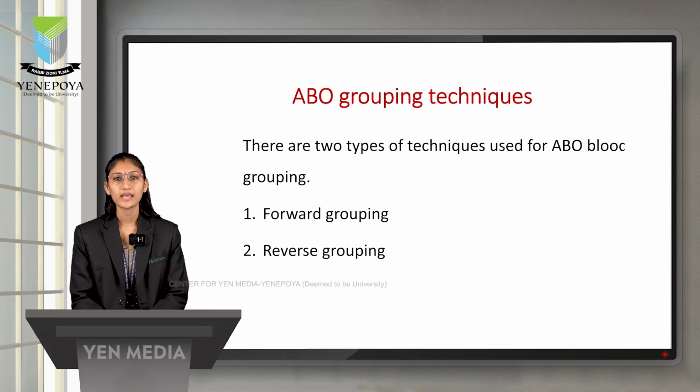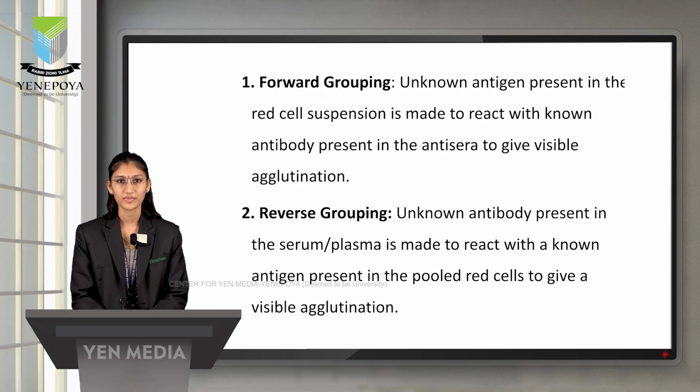So we will see what the ABO blood grouping techniques are. There are 2 blood grouping techniques used. First one is forward grouping, second one is reverse grouping. For forward grouping, we use the patient's blood, which is RBC, to find out the unknown antigens.